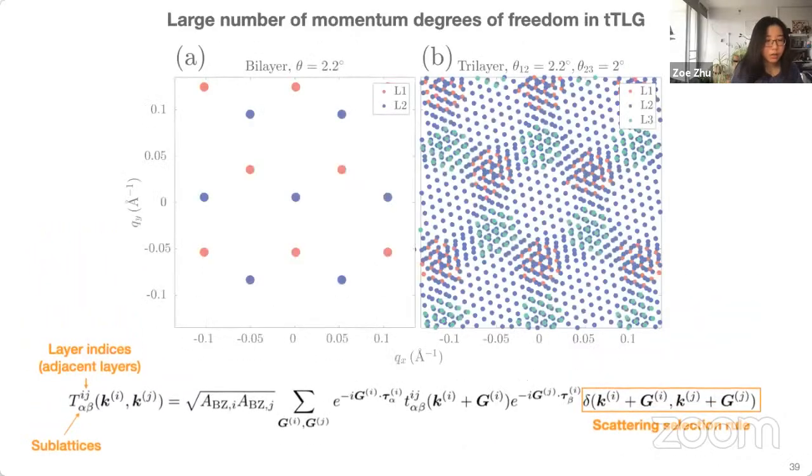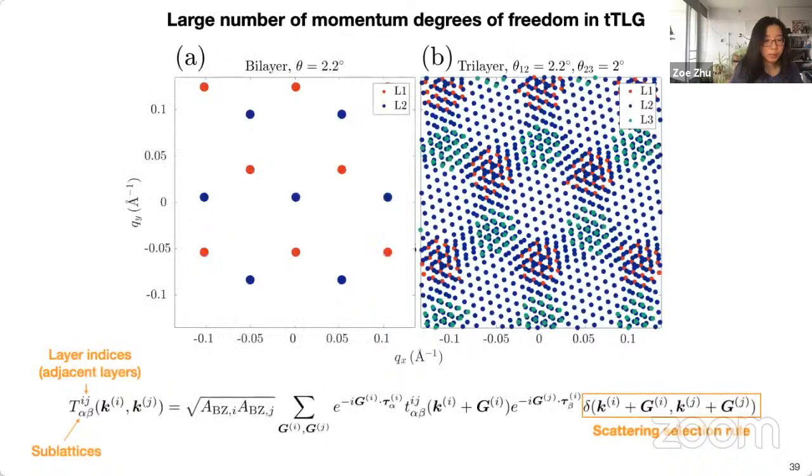So how is this different from the bilayer case? Well, again, we have to resort to this delta function, which is the scattering selection rule. In the bilayer graphene, we only have one selection rule, namely k1 plus G1 equals k2 plus G2.